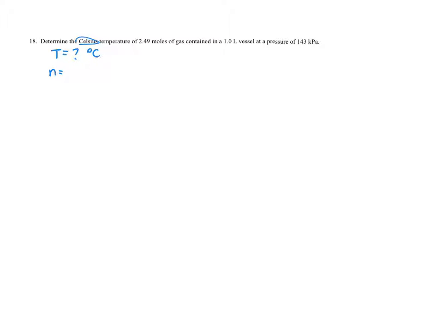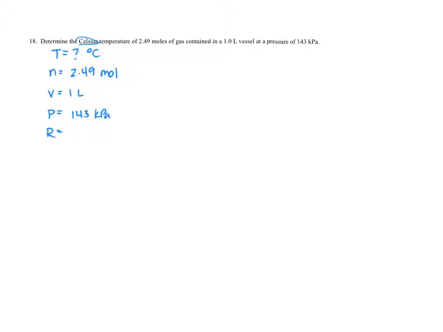So then we have an n, 2.49 moles of gas contained in a 1 liter vessel. Liter is going to measure volume at a pressure of 143 kPa. So again, R is not discussed. You just have to know it's there. R value depends on the pressure value.